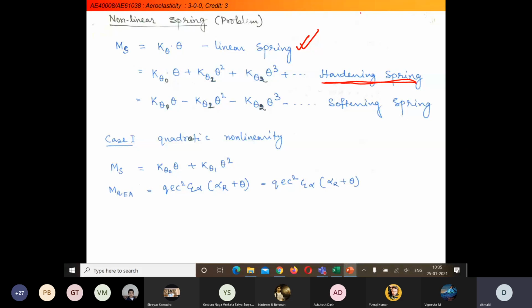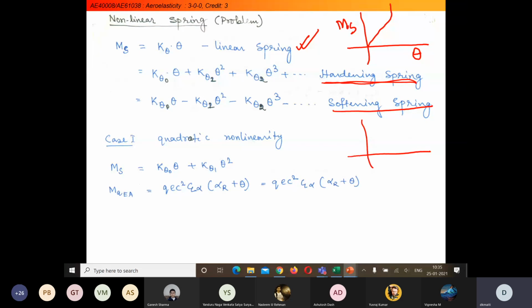Suppose this is theta and this is the spring force, so we can get something like this. That gives the hardening spring, and softening spring means that with increasing value of theta, the stiffness comes down, something like this.